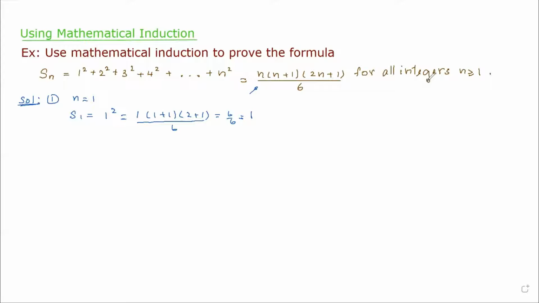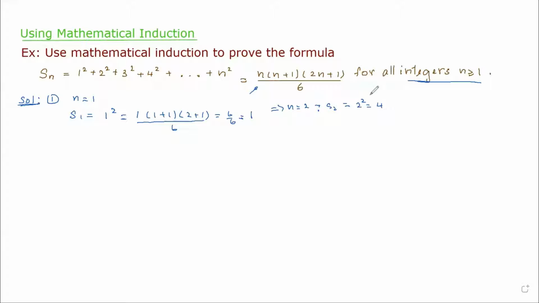But at the same time, they say for all integers n greater than or equal to 1. So for example, you can try if n equal to 2. You replace it in here. So S2 is going to be 2 power 2, which is equal to 4.